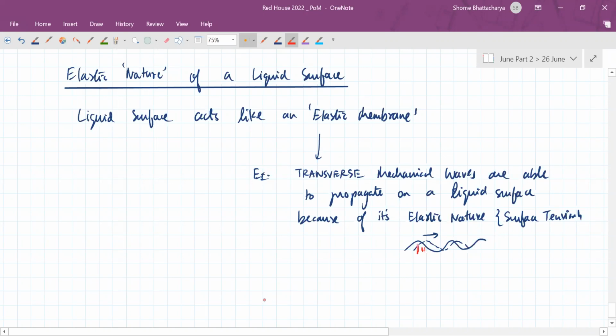Then another example: certain insects are able to literally walk on fluid surfaces.